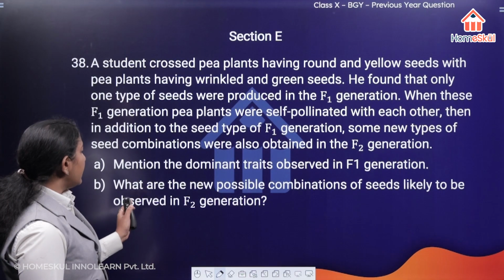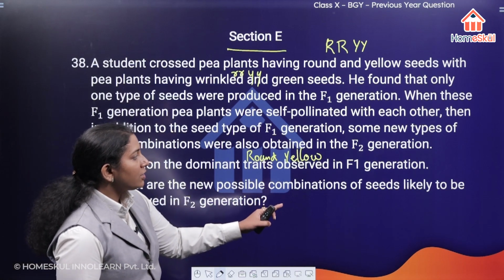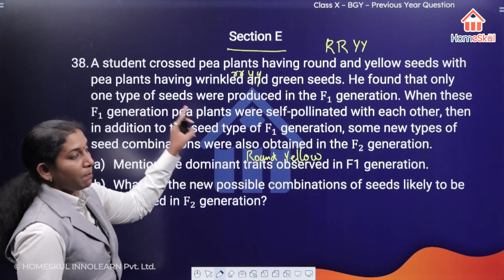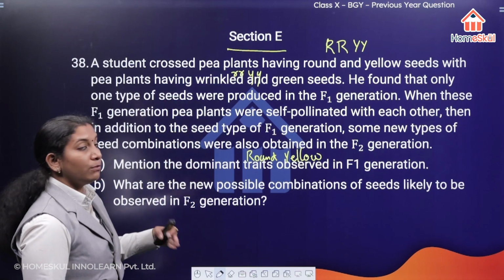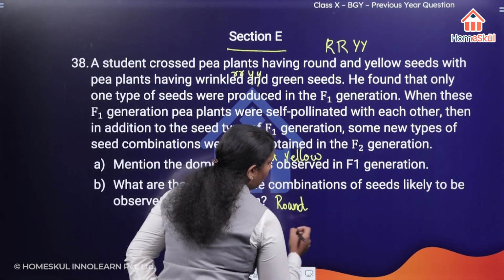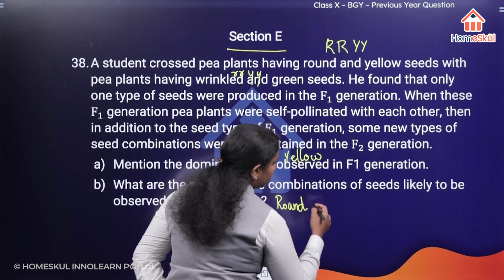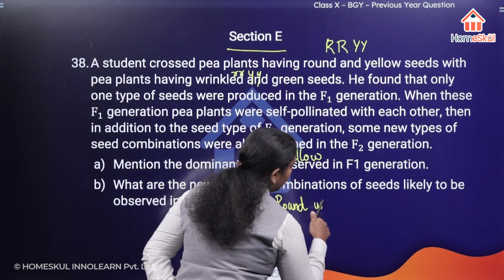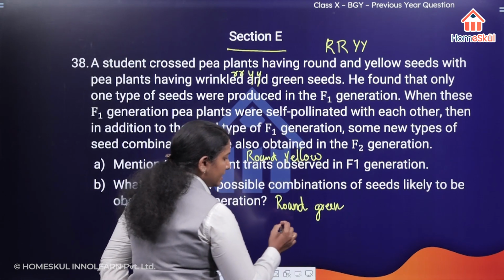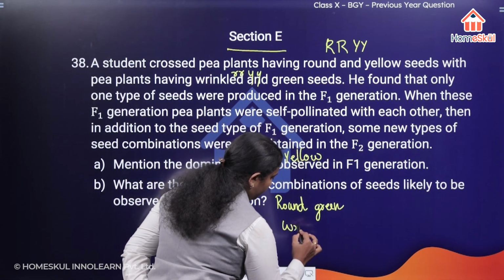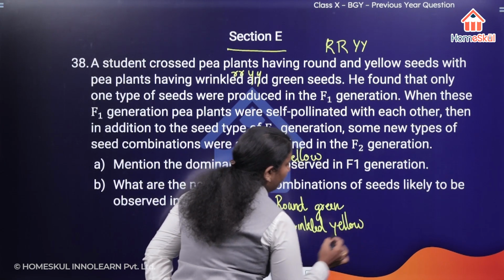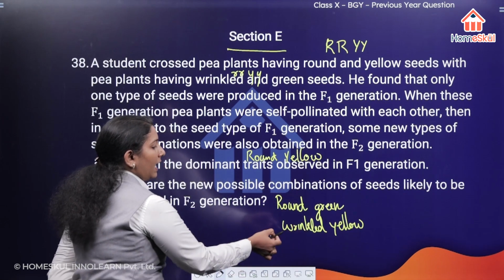So the question is, what are the new possible combinations of seeds likely to be observed in the F2 generation? Beyond the parental combinations, we'll get some new combinations. Beyond round yellow, we'll get round green seeds, then wrinkled yellow seeds. We know the parents are round yellow and wrinkled green.